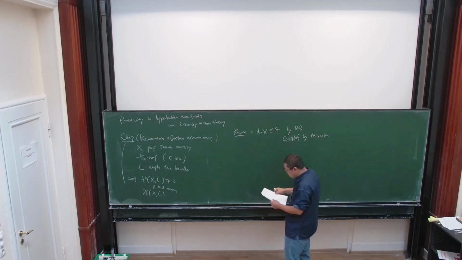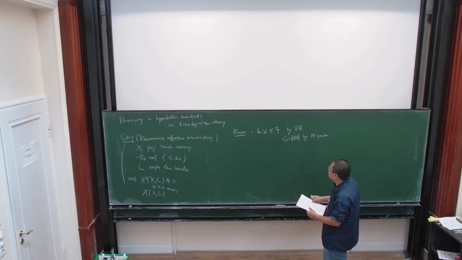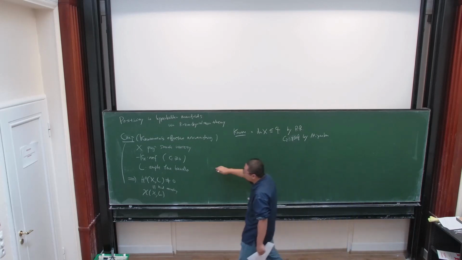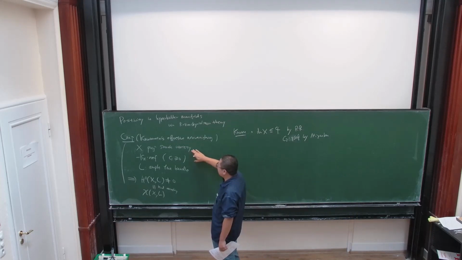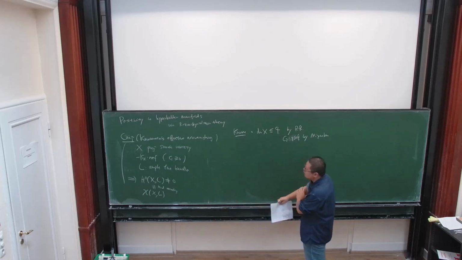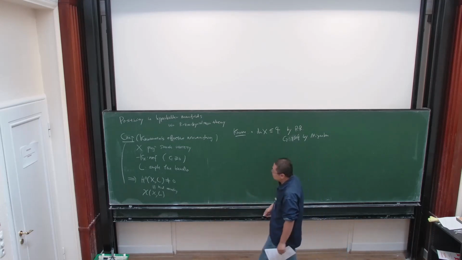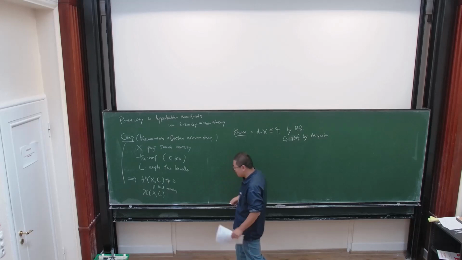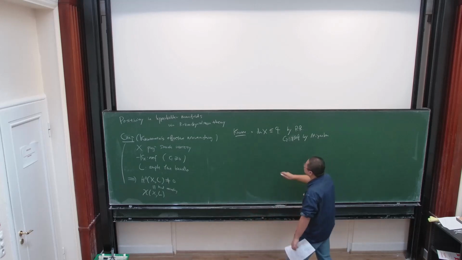So I think even the case when the dimension is 5 and X is a Calabi-Yau variety, this is open. So this is somehow quite a mysterious conjecture.